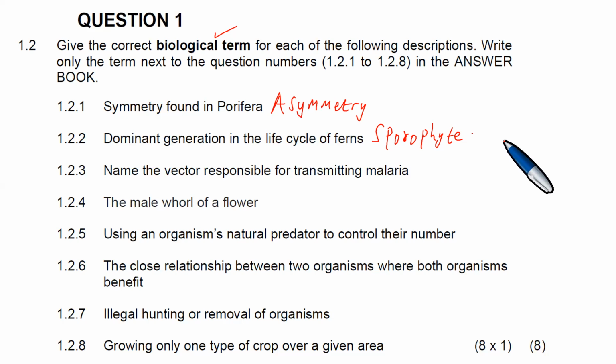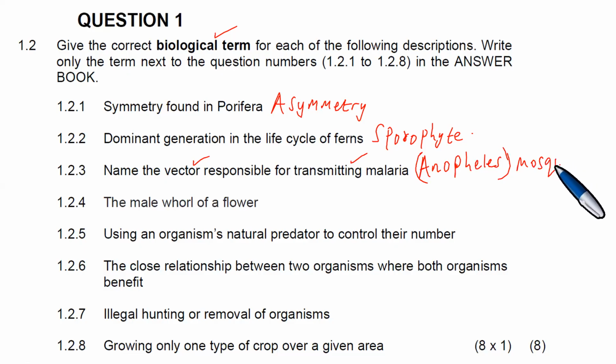But 1.2.3, we understand that the vector responsible for transmitting malaria has a specific name, all right? We call it the Anopheles mosquito.